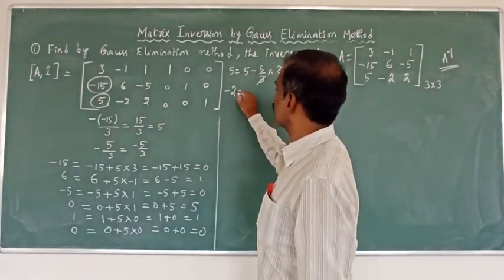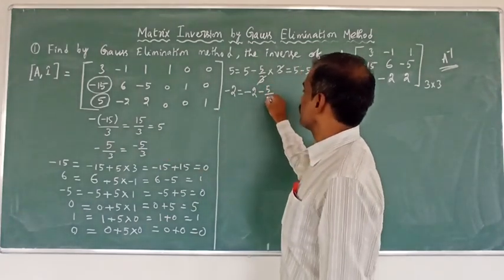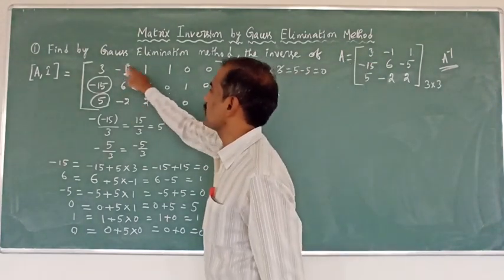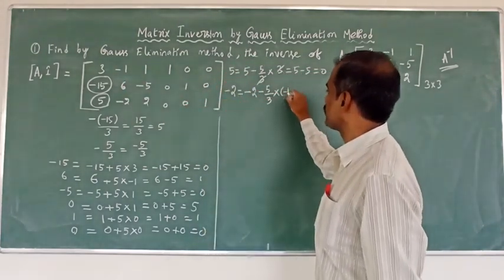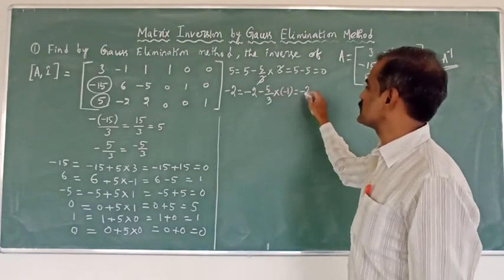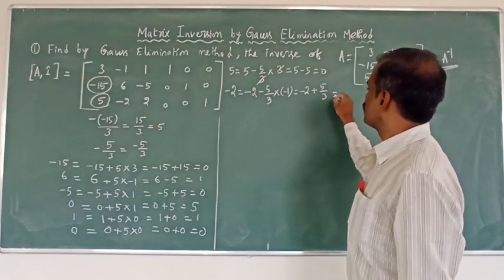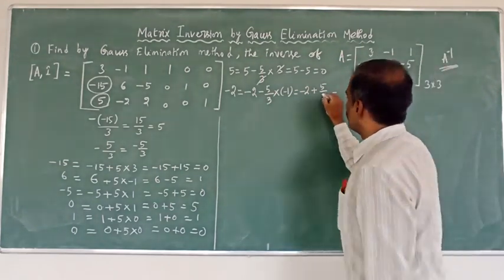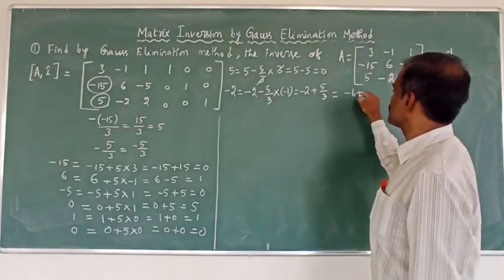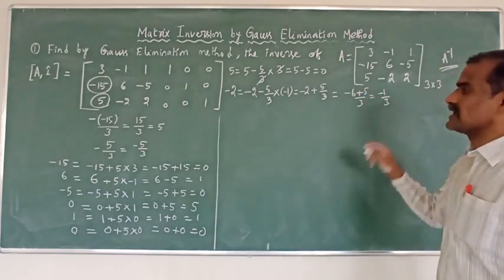Minus 2 equals minus 2 minus 5 by 3 into the corresponding R1 value minus 1. This is for minus 2. Now multiply this one plus 5 by 3. Okay. Now we can cross multiply: minus 6 plus 5 by 3 equals minus 1 divided by 3 value.